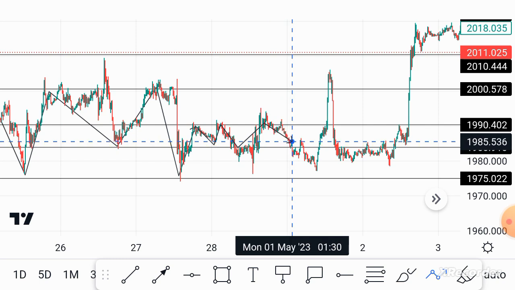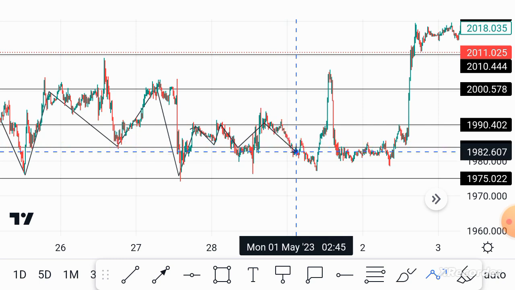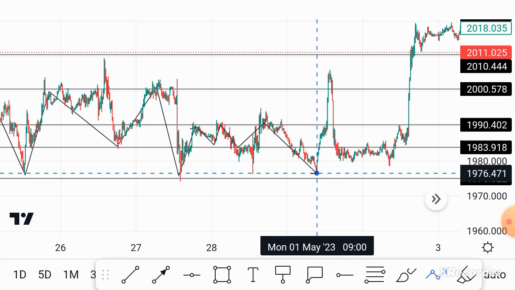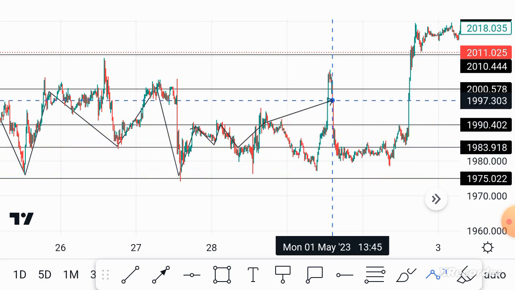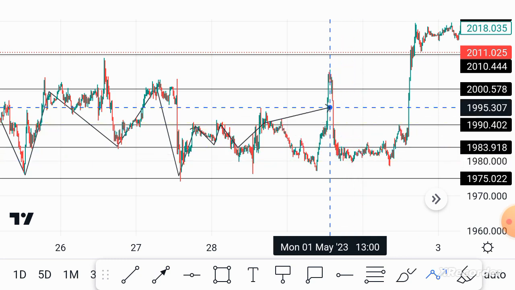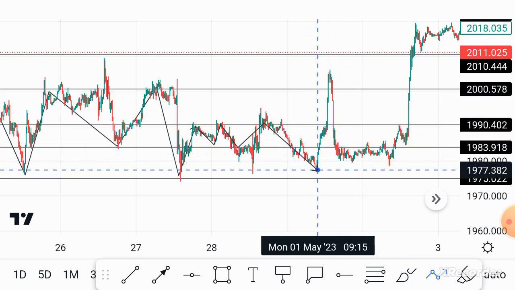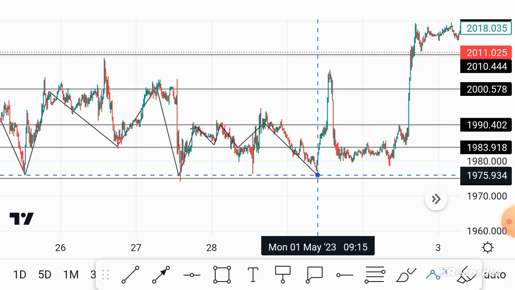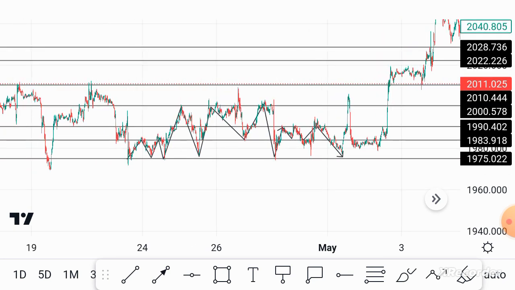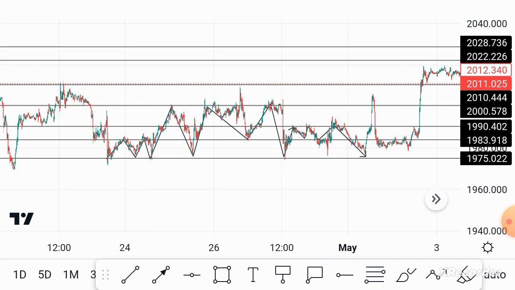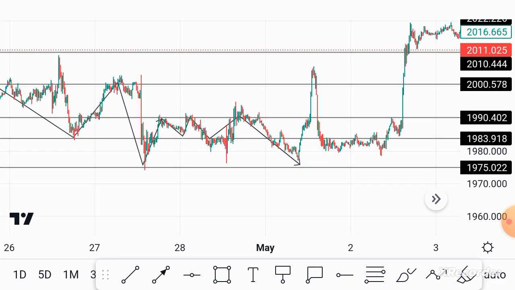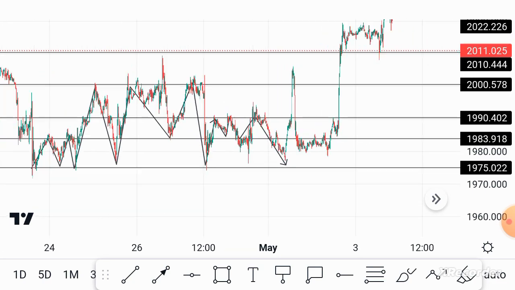It tried to respect it, it broke down to this point here, and then it went all the way up, came down, so you could see it. So this is how to spot your key levels. Okay, so I believe this video is helpful and it's been able to explain what a key level is and how you can identify key levels.